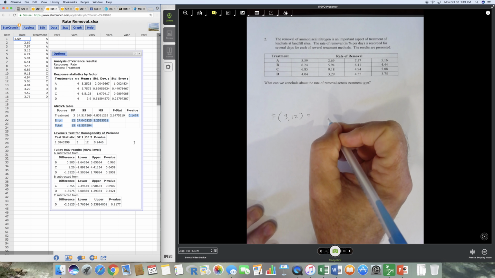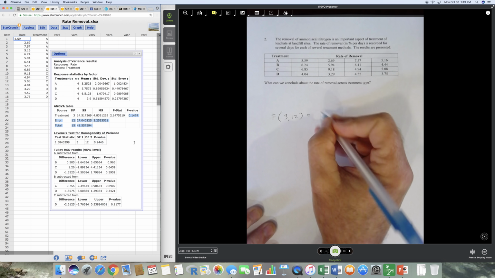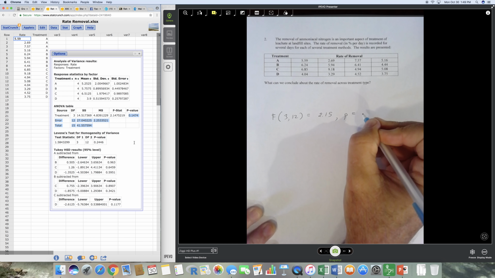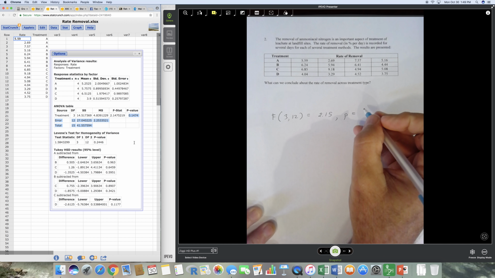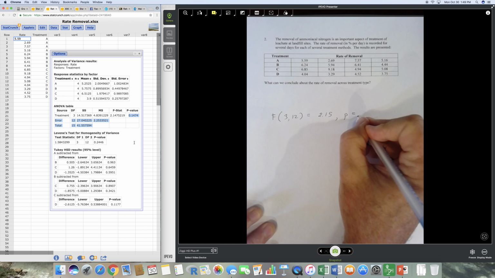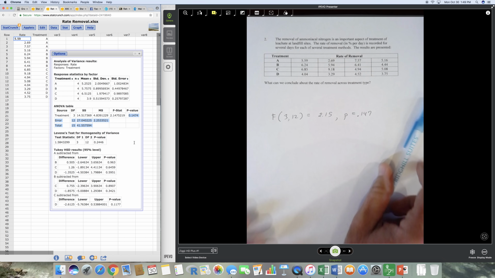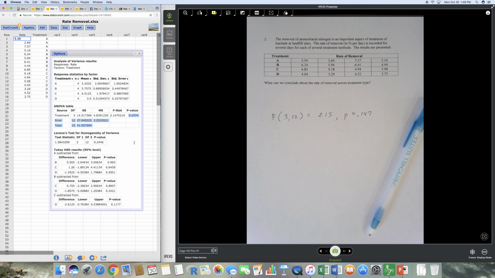And the test statistic is 2.15. And our p-value is 0.147. So there's no need to do a post hoc because our ANOVA isn't significant.